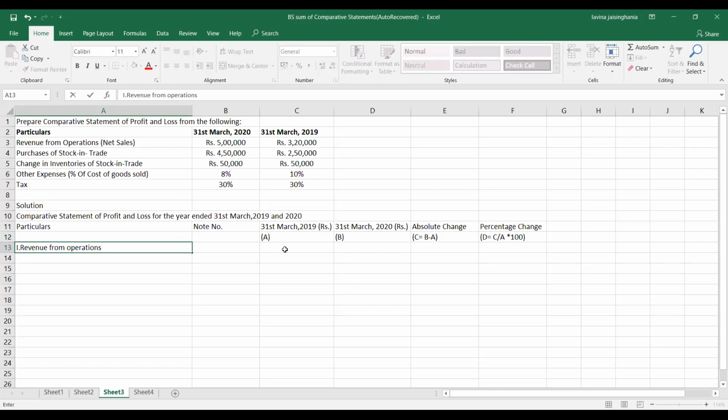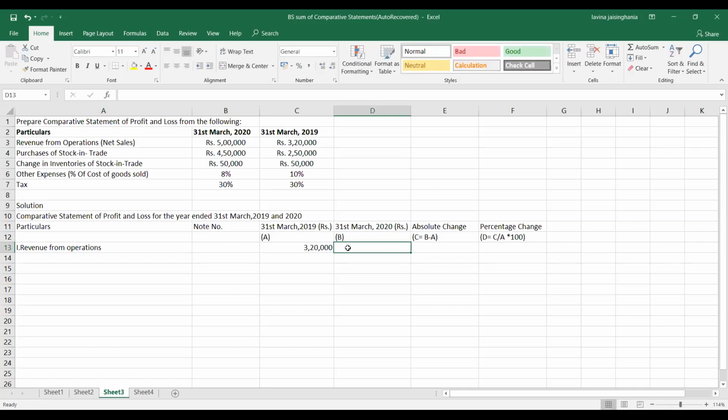So here also, first you'll write the data of 2019 and then you'll write the data of 2020. For 2019, the revenue from operations is 3,20,000. So write down 3,20,000, and for 2020 it is 5 lakh. So write down 5 lakh. Then next head here is other incomes. But as we don't have other income, you can skip it.